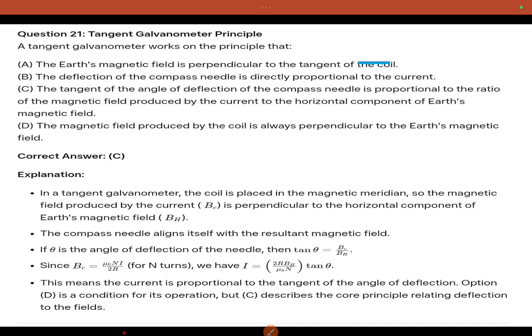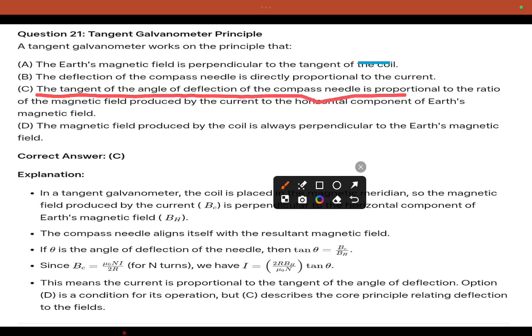Coming to question number 21, related to the tangent galvanometer principle. The tangent galvanometer works on the principle that the tangent of the angle of deflection of the compass needle is proportional to the ratio of the magnetic field produced by the current to the horizontal component of Earth's magnetic field.